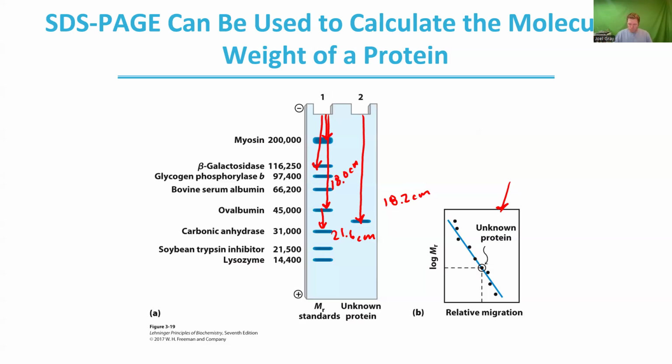Okay, so when you think about the techniques that we've talked about today, we've got columns. We've got 4 different columns: cation exchange, anion exchange, size exclusion, and affinity chromatography. For columns, you can use what comes off of the column.